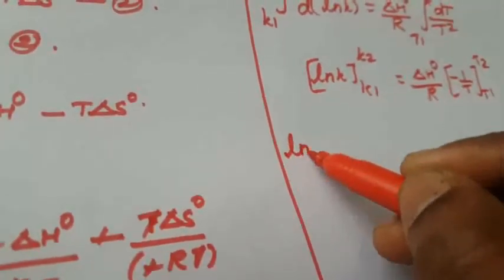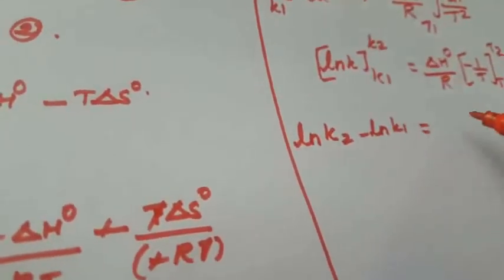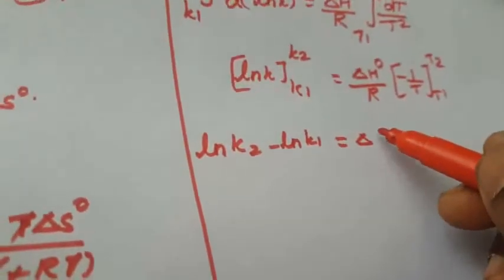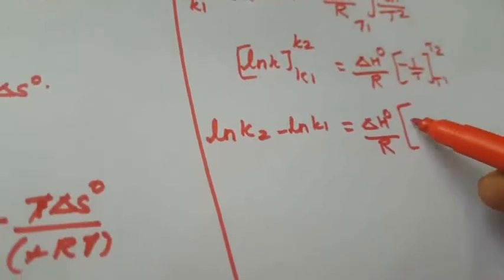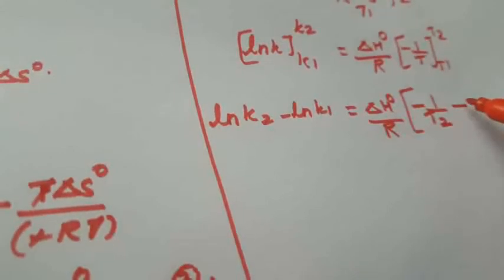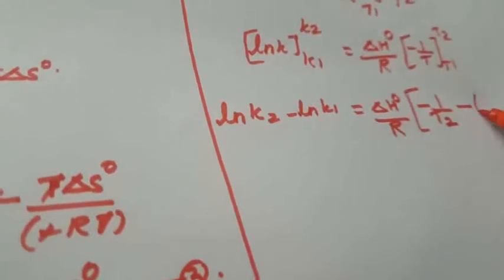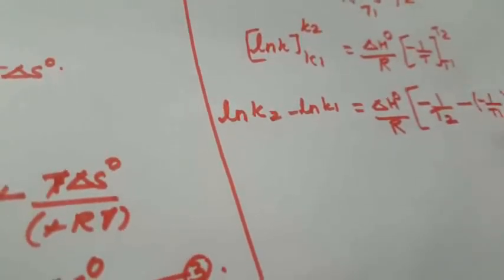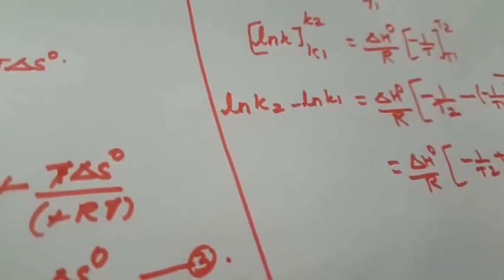Now we substitute the limits: ln K2 minus ln K1 equals delta H0 by R times minus 1 by T2 minus minus 1 by T1. So that is delta H0 by R times minus 1 by T2 plus 1 by T1.